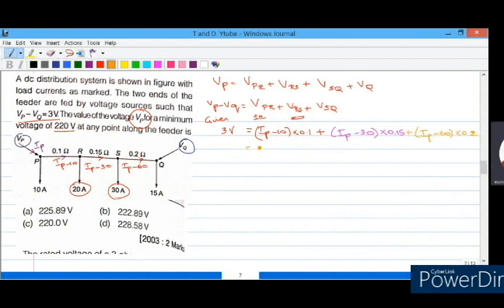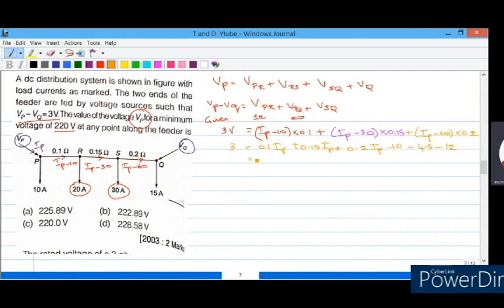Now expand everything. It is 0.1 IP, here it is 0.15 IP, and it is 0.2 IP. And now the whole numbers, it is 1, here it is 4.5, and here it is 12, and on the left hand side it is 3.